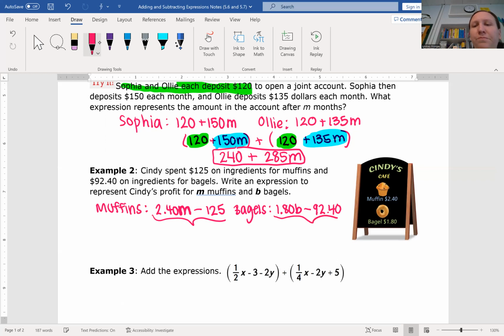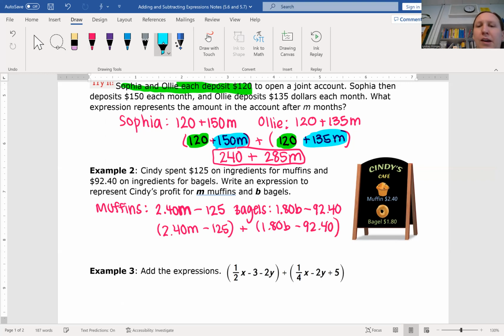This is the profit she made from selling bagels, but also taking into account the money she spent on the ingredients. And now it wants the profit for both of them combined. So we're going to add together our 2.40M minus 125 plus our 1.80B minus 92.40. And the only set of like terms that we have here is those constants.